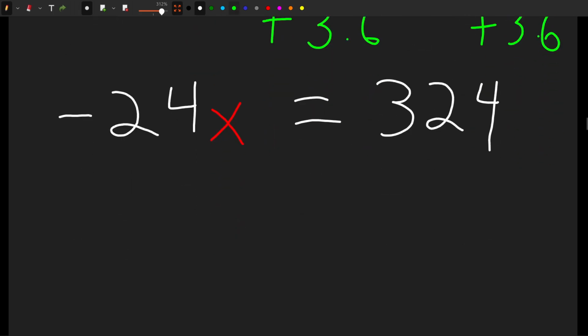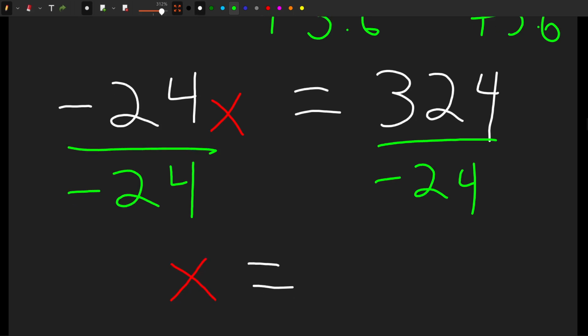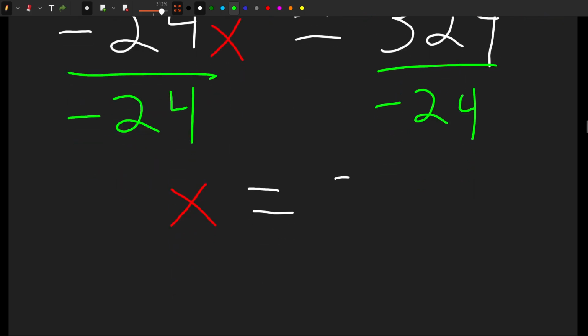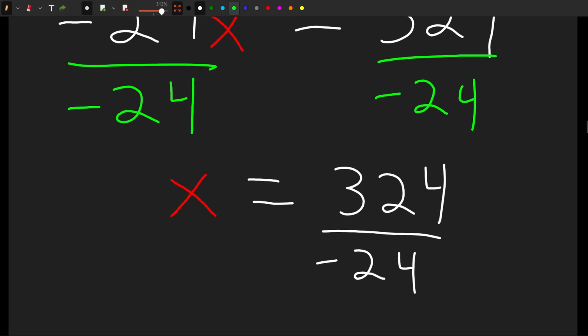Now I will divide both sides by negative 24. And on the left-hand side, I just have x. On the right-hand side, I have 324 divided by -24. Let's go ahead and work this out on the side.